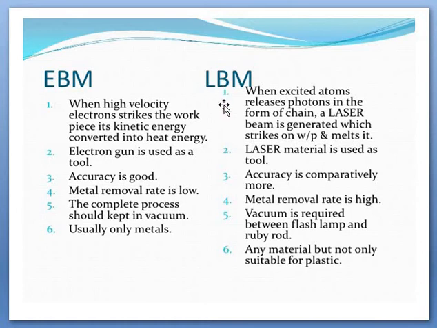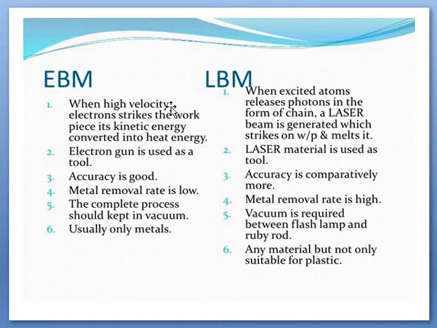Whereas in laser beam machining, when excited atoms release photons in the form of laser rays, laser beams are generated which strike the workpiece and melt it. Means in the electron beam machining process, the material is removed because of the action of the electrons, whereas in laser beam machining, the material is removed because of the action of a laser.